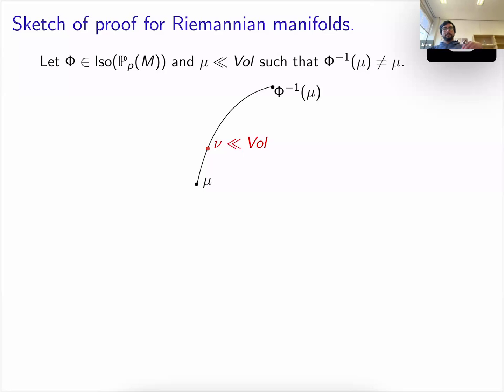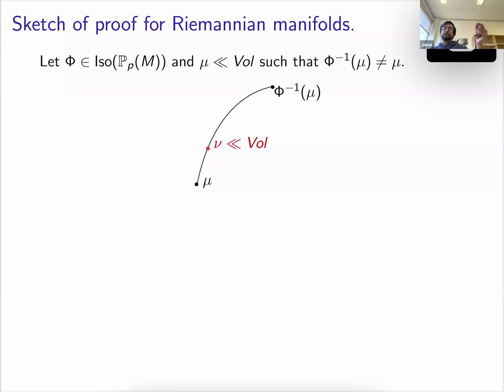Take the geodesic between mu and phi inverse of mu. So it just looks sort of like this. There's a unique one, from the first proposition. From the second one, if I take an interior measure, that is, if I move along this geodesic, say at nu, I will still be absolutely continuous.